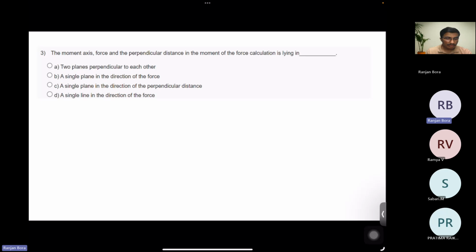And the next question is: the moment axis, force, and the perpendicular distance in the moment of the force calculation are lying in what? What is your option?